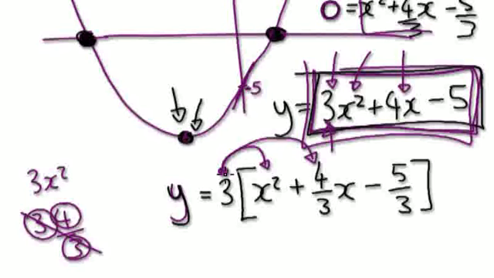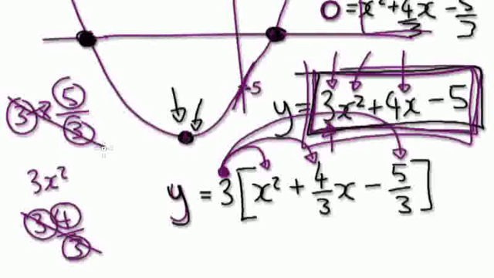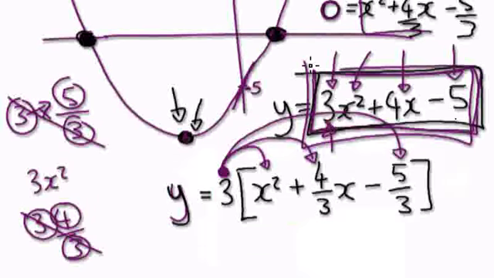Now look at the 5 here. You would get this times this here. So it will be 3 times a fraction, 5 over 3. Now it gets multiplied to the top, so the two 3's cancel each other out, giving you the 5. So what I'm trying to say is that this is exactly the same as this.